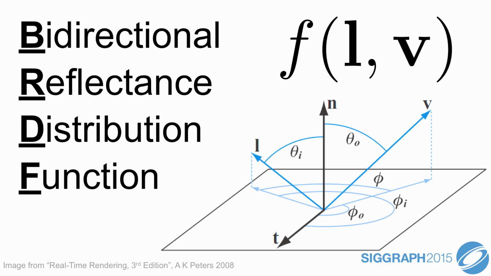And that's a function of light direction L and view direction V, as I said. In principle, it's a function of these 3 or 4 angles. It's 3 angles if it's isotropic, but in practice, there are various different ways of parameterizing BRDFs, with various advantages and disadvantages to them. Now, note that the BRDF is only defined for light and view vectors above the macroscopic surface, and I talk a little bit more in the course notes about how to handle other cases.